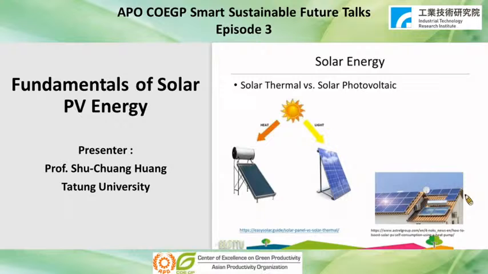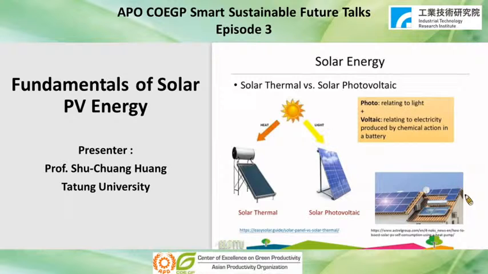Solar energy arrives on the Earth in two forms. One is solar thermal, and the other is solar photovoltaic. Solar thermal generates heat to warm up our water, so we can get hot water at home.